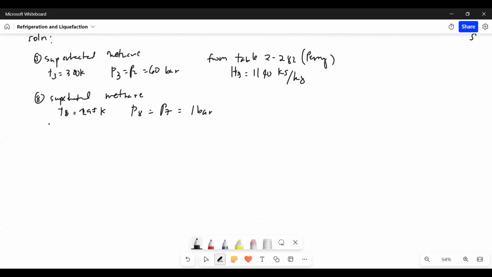Please do it at home by yourself. From table 2-282, interpolate, H8 is equal to 1188.86 kilojoules per kilogram.